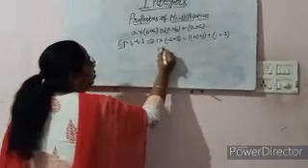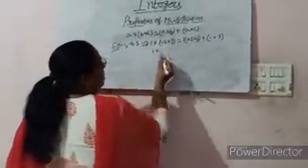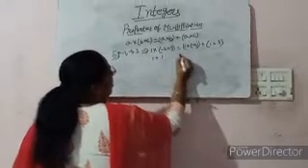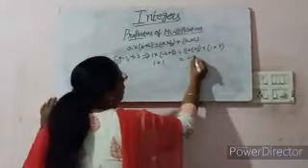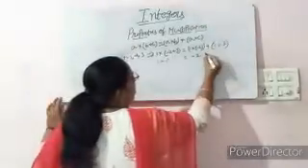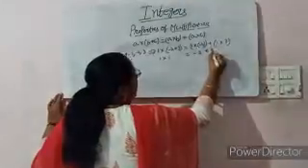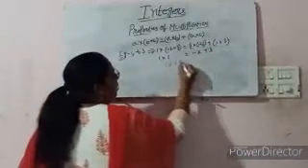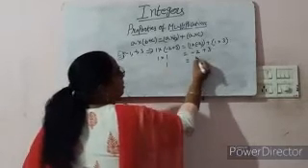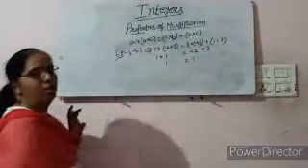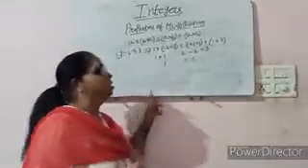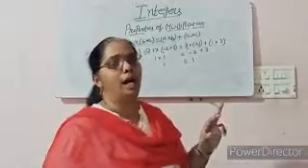So 1 into (minus 2 plus 3) is 1 into 1, which is 1. Here 1 into minus 2 is minus 2, plus 1 into 3 is 3, which is also 1. So it satisfies the distributive property over addition.